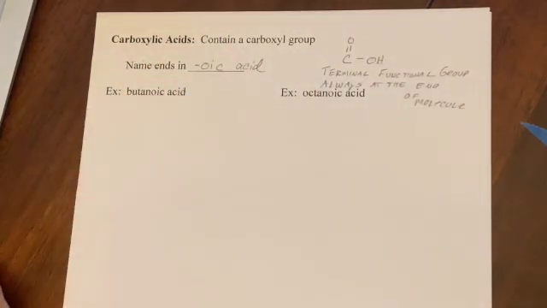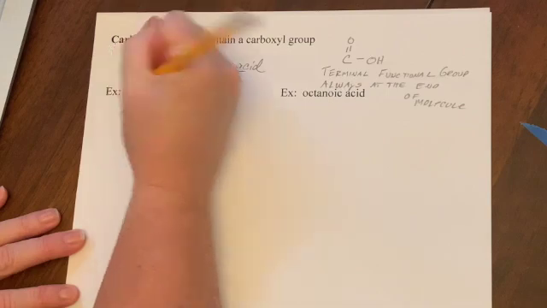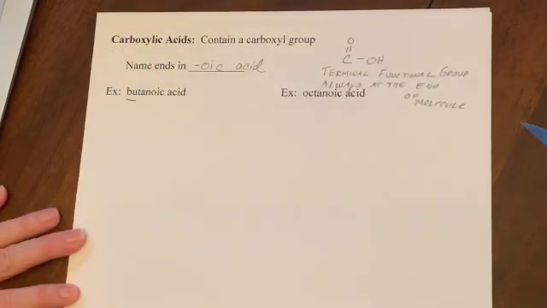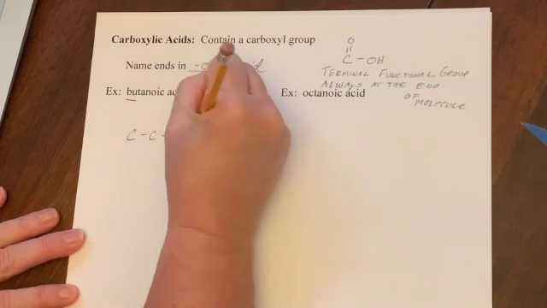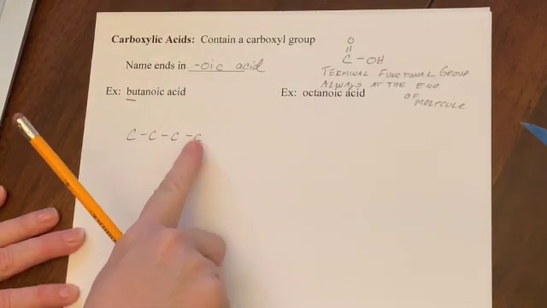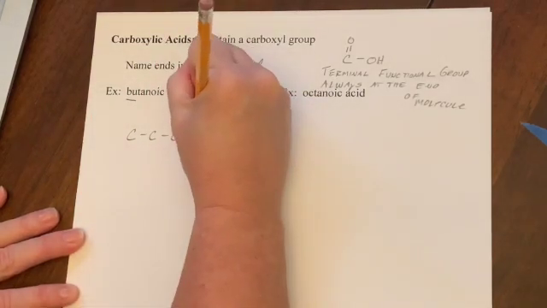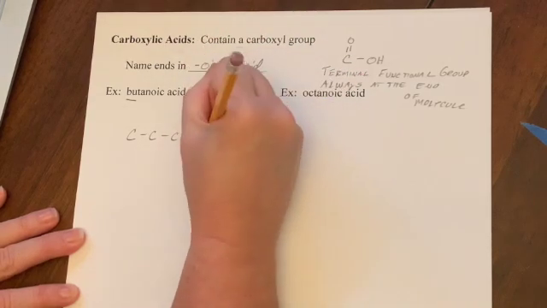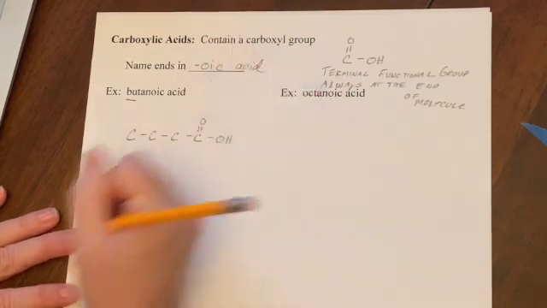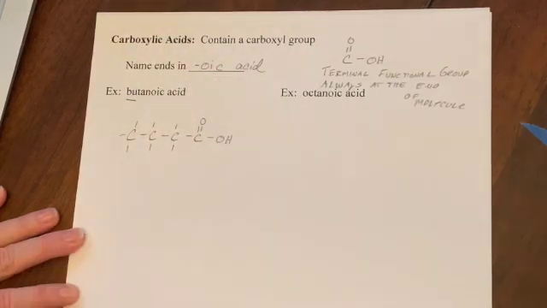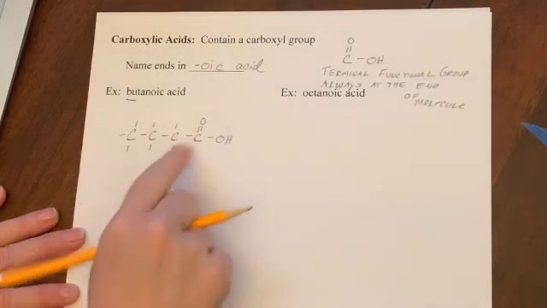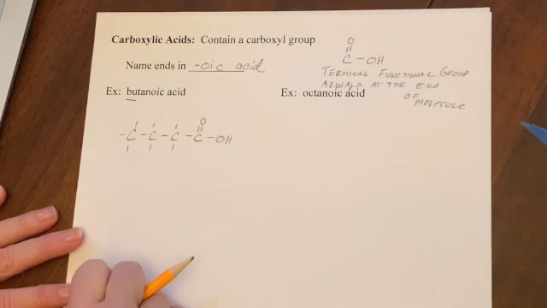So butanoic acid. All right. So butanoic, our prefix but is 4. So that means I'm going to have 1, 2, 3, 4. Off of that fourth, double bonded to an O, single bonded to an OH. All right, and that is my formula for butanoic acid.